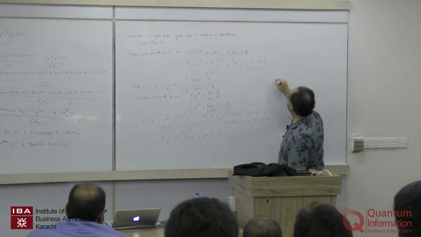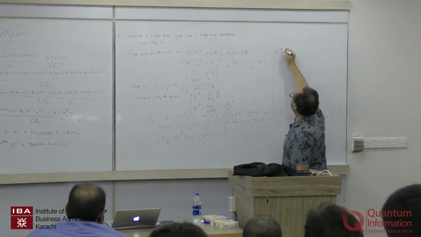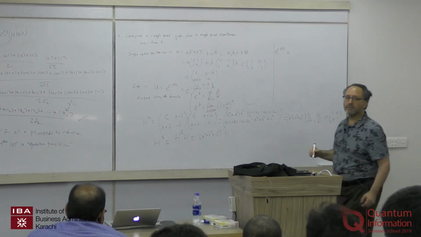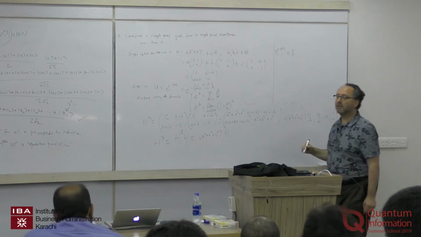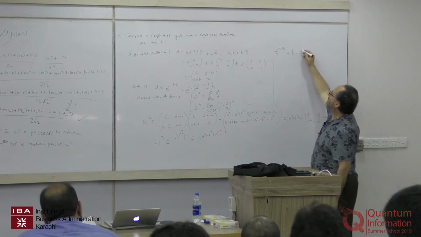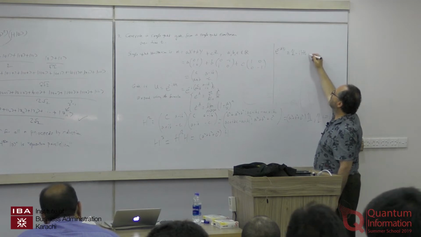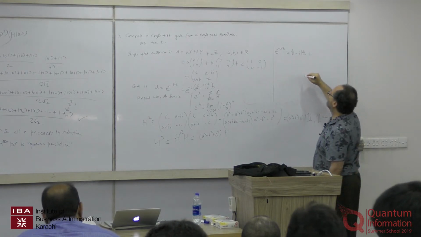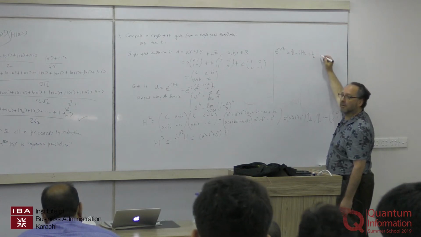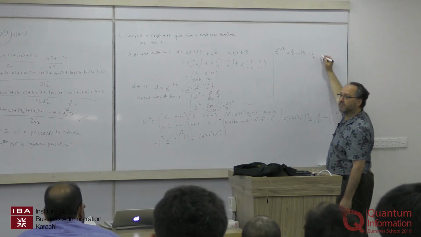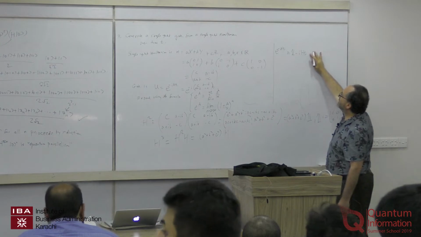So we have e to the minus iht equals, so the first term is an identity. The second term is minus iht. The third term is, what should I do? I squared is minus.